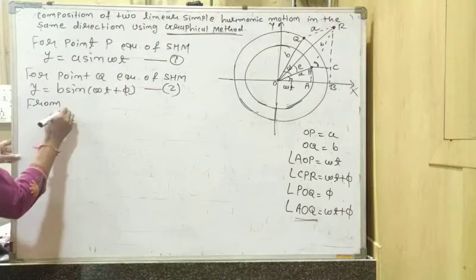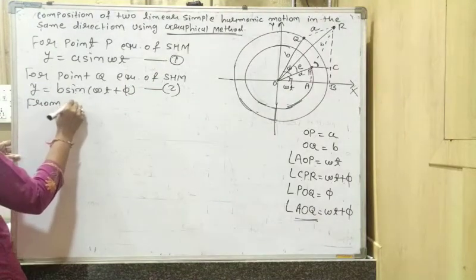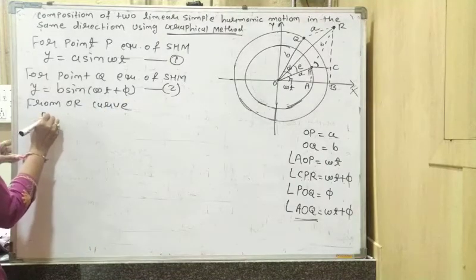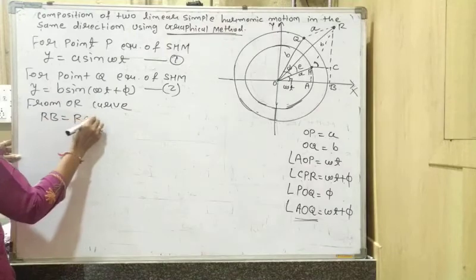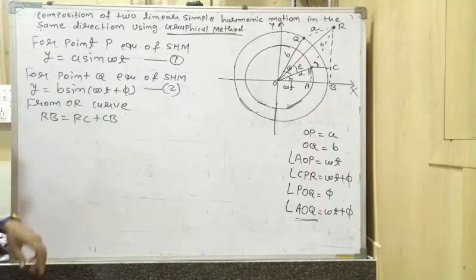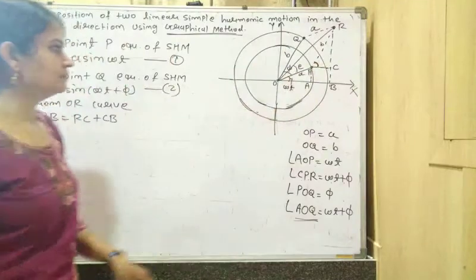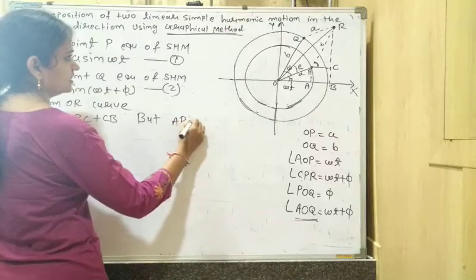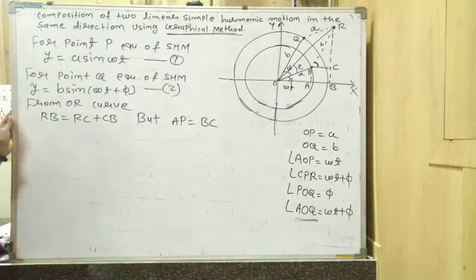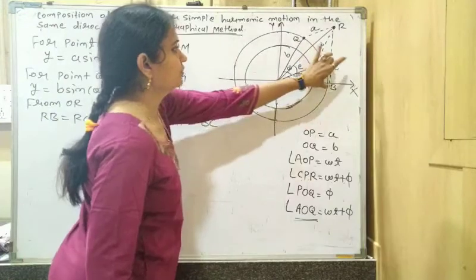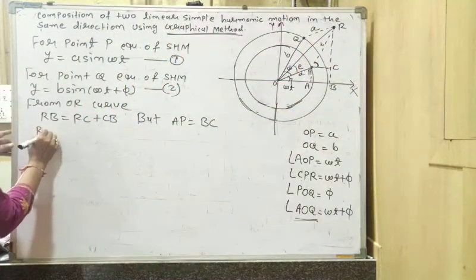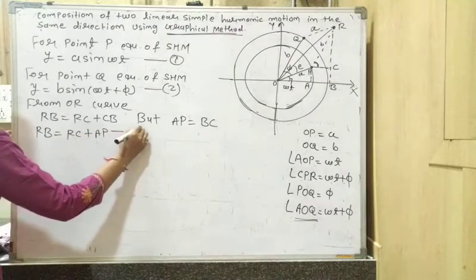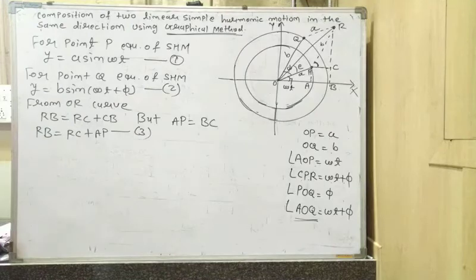So from the OR curve, RB is equal to RC plus CB, but AP is equal to BC, so RB is equal to RC plus AP. Equation number 3.